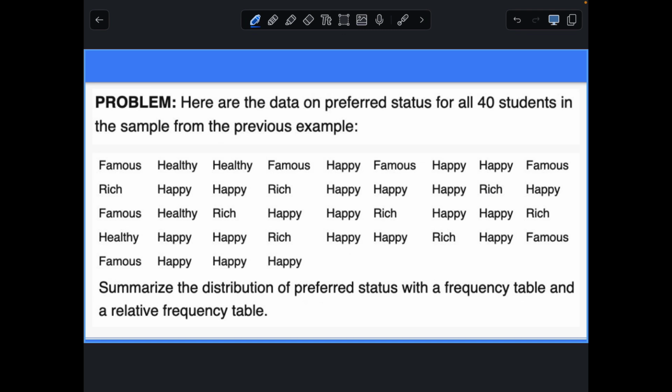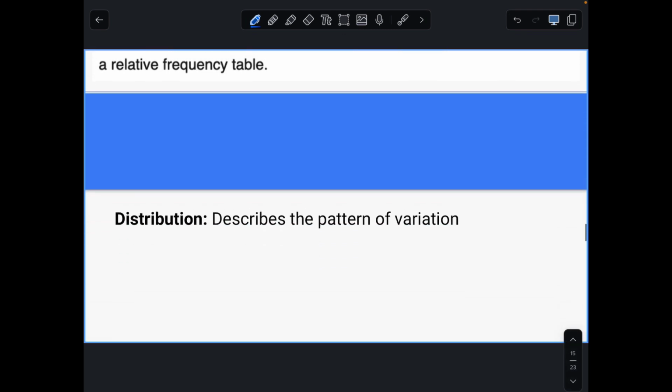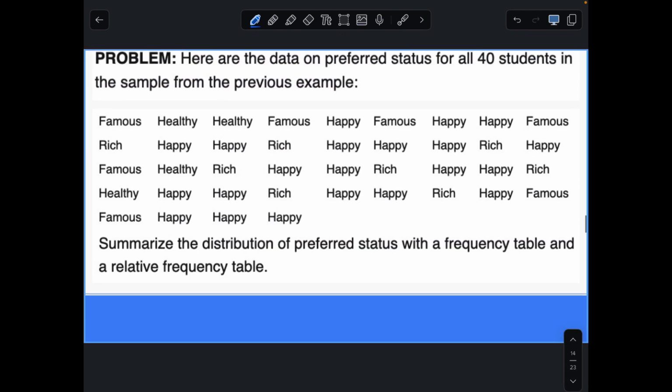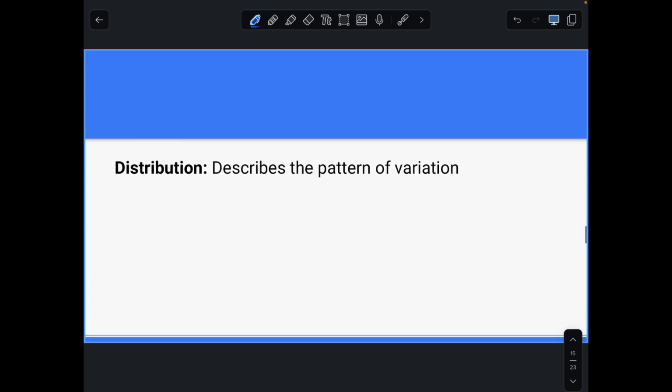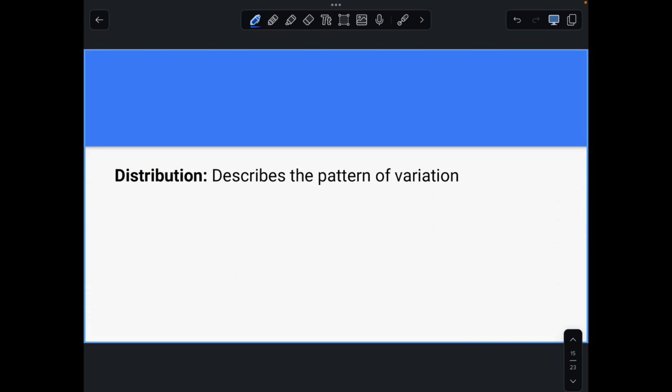Okay, summarize the distribution of preferred status with a frequency table and a relative frequency table. Okay. Also, we need to know what the word distribution is. Okay, there's a space for you to write distribution there on the side. Here's the definition of distribution. It describes the pattern of variation.